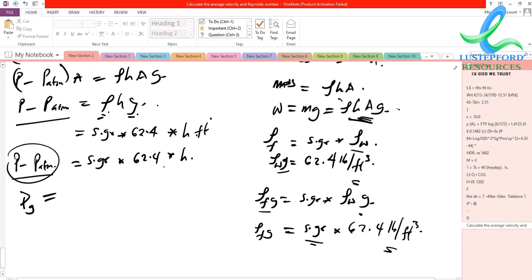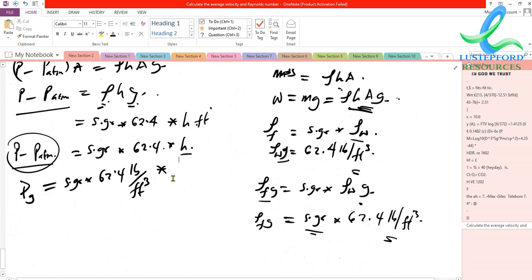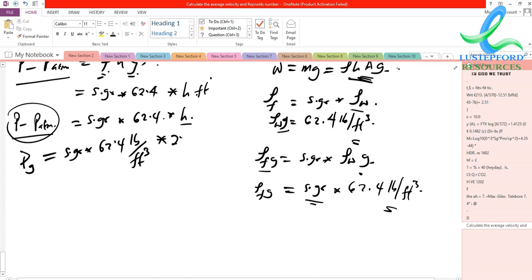Let me complete this well. The specific gravity does not have a unit. This is 62.4 pounds per feet cube times the height, and the head is 27.775 feet.